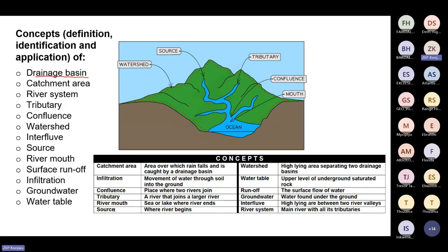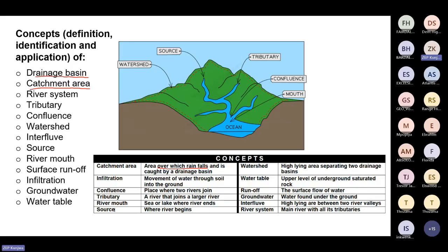And then we have a catchment area. A catchment area, if you look at the definition there, is an area over which rain falls and is caught by a drainage basin. I want you to understand, learners, that if you go physically to a drainage basin, you are at the same time on the catchment area. It is the same area.